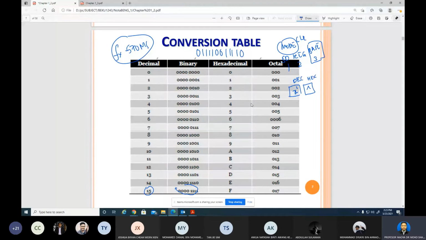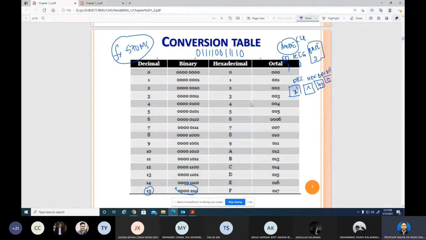Then we have log here, which is binary. The last one will convert to octal.